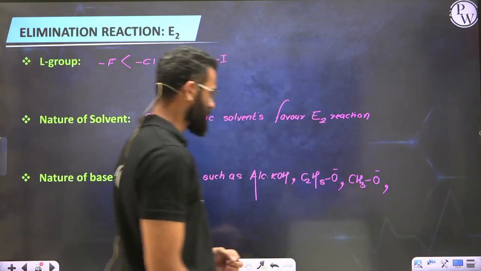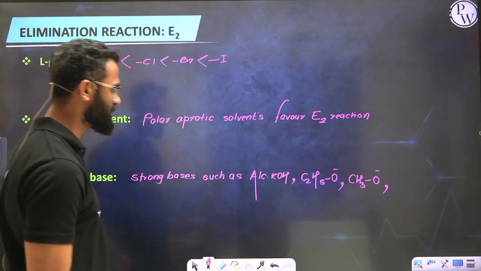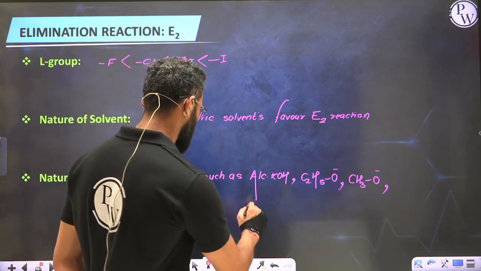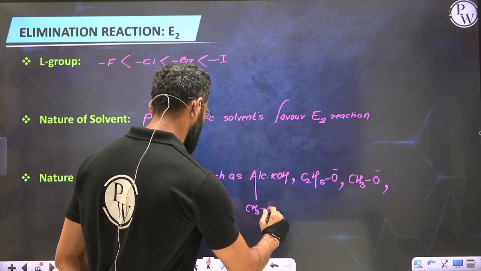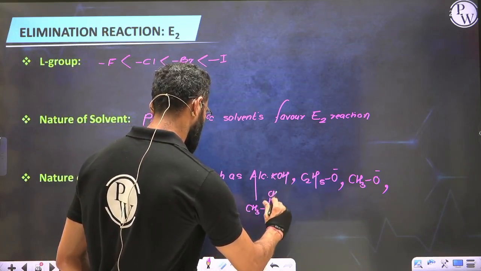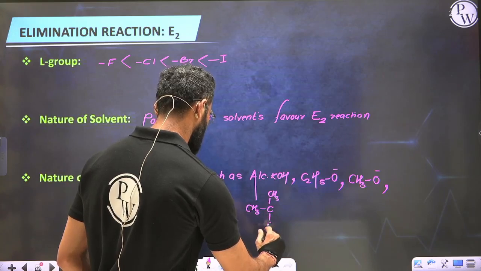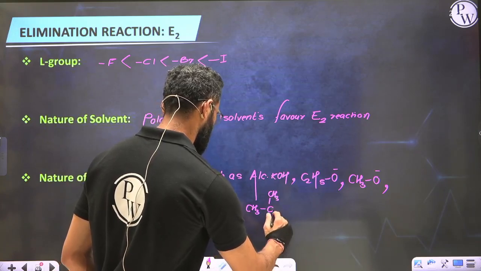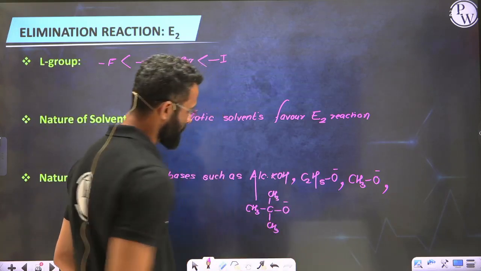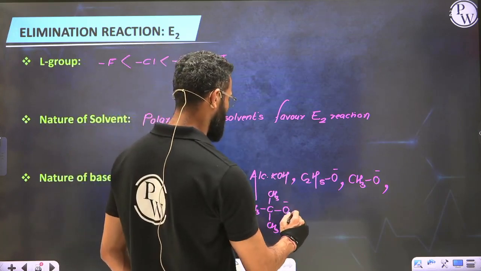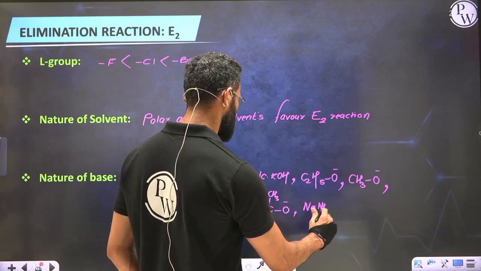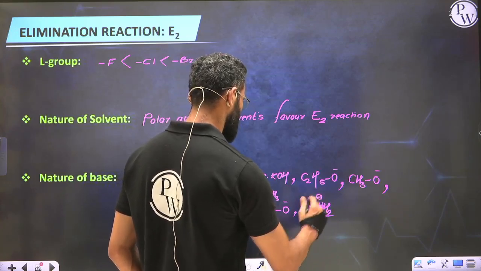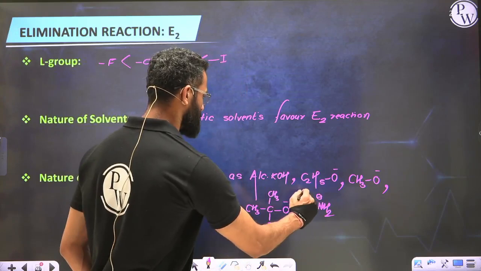Just like methoxide, you need to remember tertiary butoxide. And then sodamide, and Na+.